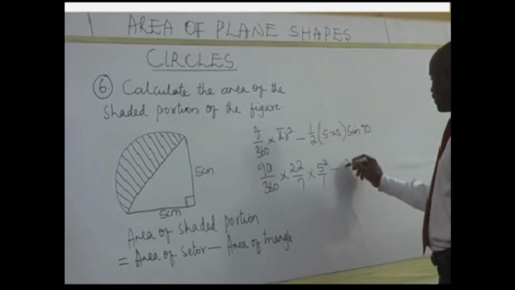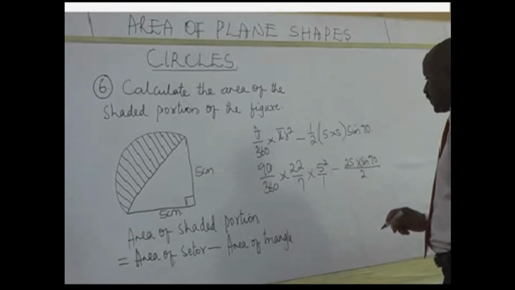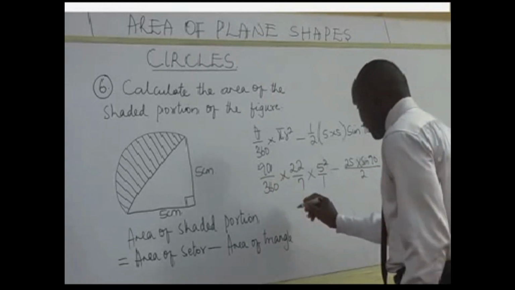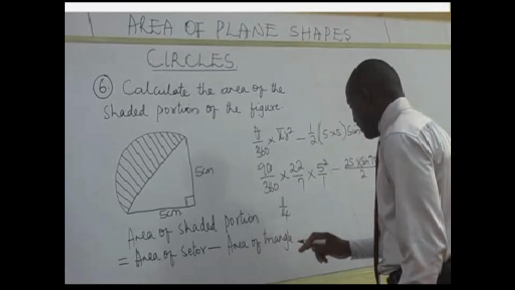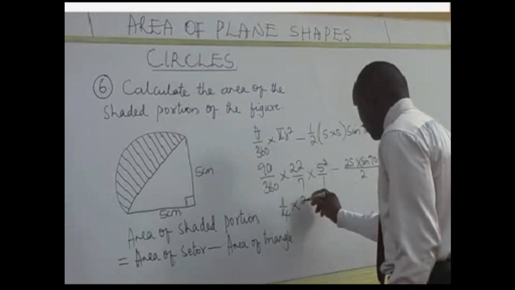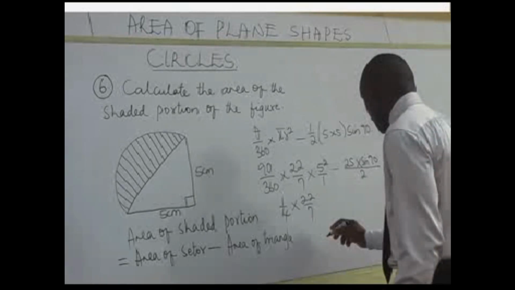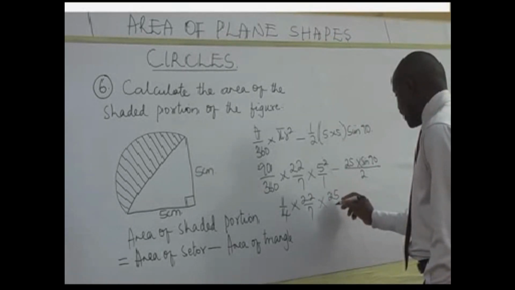So we have 25 sine 90. 25 times sine 90 all over 2. This fraction, 90 divided by 360, will give you 1 all over 4 times 22 all over 7, times 5 times 5 is 25 all over 1.